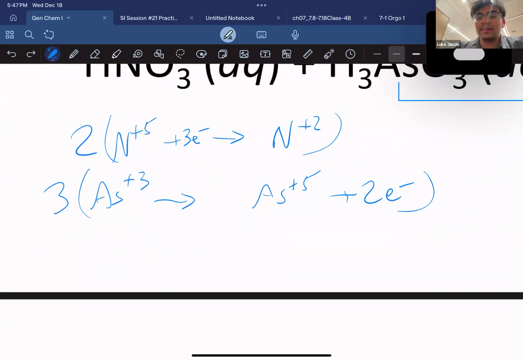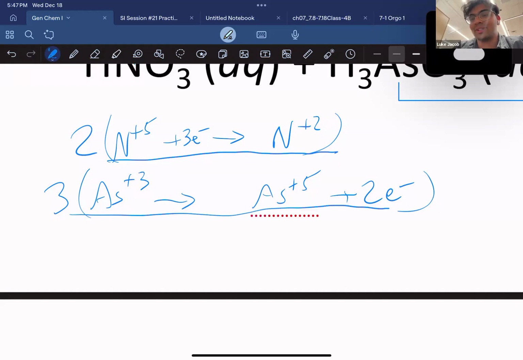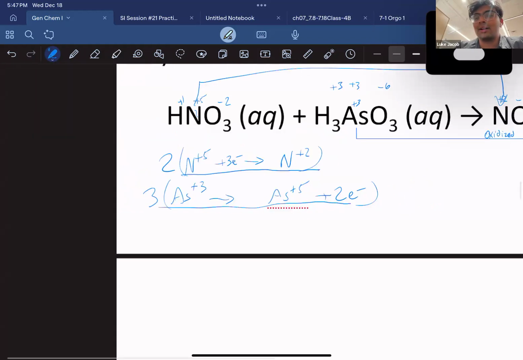And so what I always like to do is just multiply. In order to have a balanced charge, you will have to multiply the electrons to make both the same number, right? And so for the top one, for reduction, you have to multiply by 2 to make that 6 electrons. And here you have to multiply by 3 to make it 6 electrons.